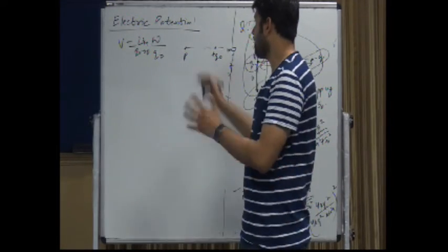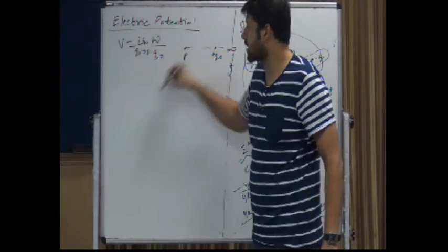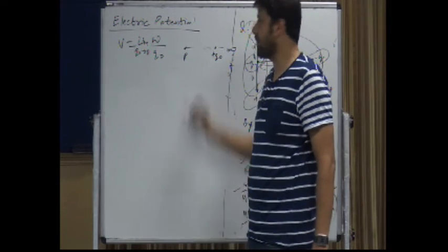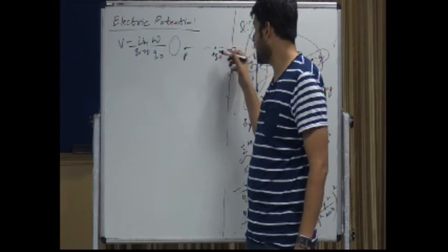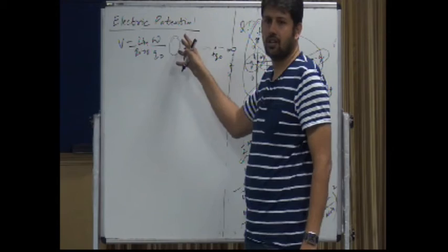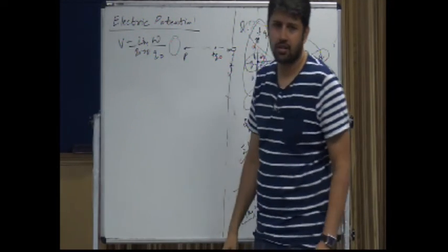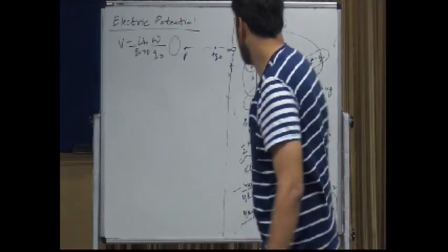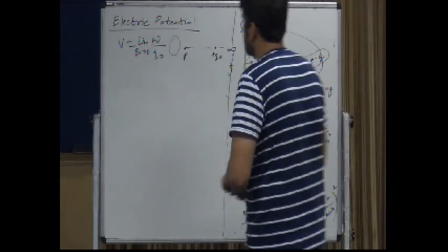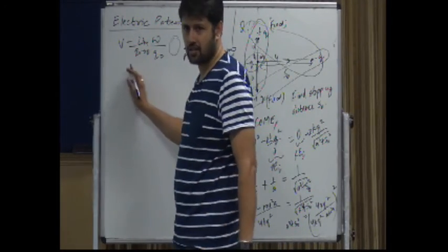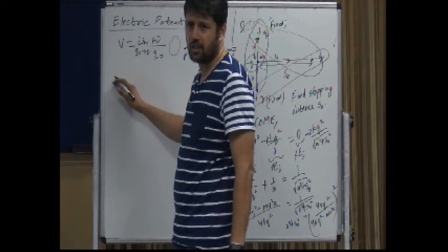You know, what if some conductor is placed here? If we bring a large charge here, it will repel the positive charges to the other side. Not very helpful, right? So for a point charge, let's try to find.